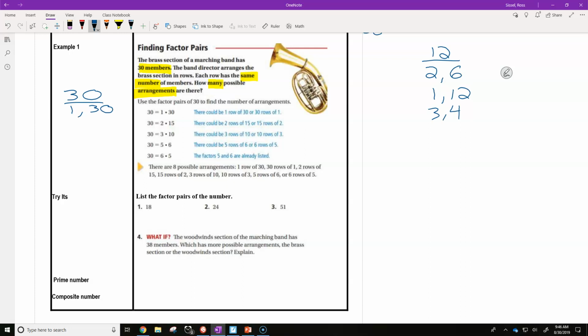Why do I have to count this twice? Oh, what's the other question? I was going to say, you can do 6 times 5. Ooh, good. We're going to get there. But why do I have to count 1 and 30 as 2? Why do I have to count that as 2 arrangements?